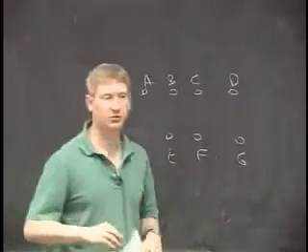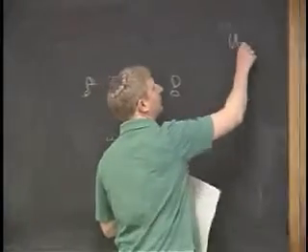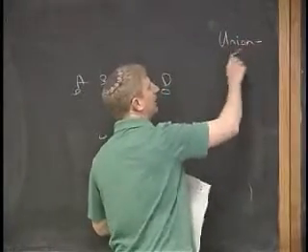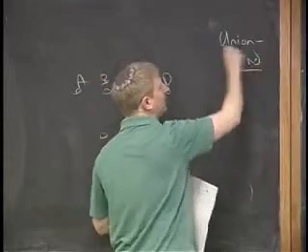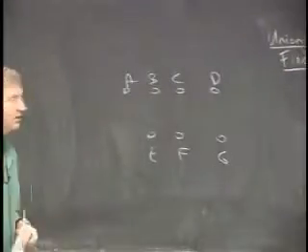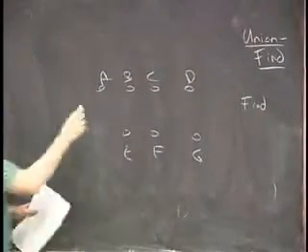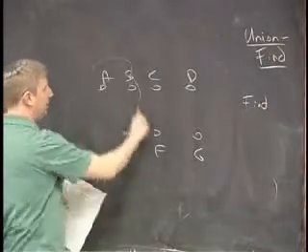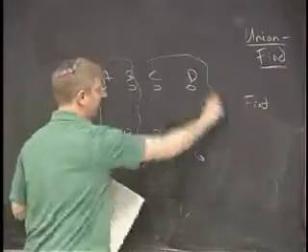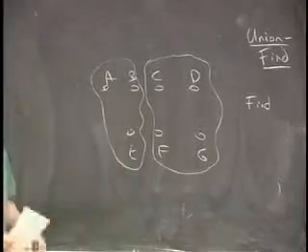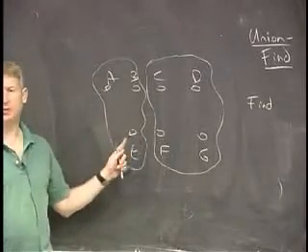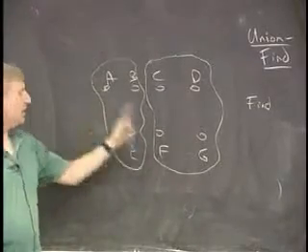This data structure has a funny name, so I'll explain why in a second. It's sometimes called a union-find data structure because it has to support finding something. Say the picture looks like this. Say these are in one set and these are in the other. So I have 2 sets, and I come up with the edge AG.